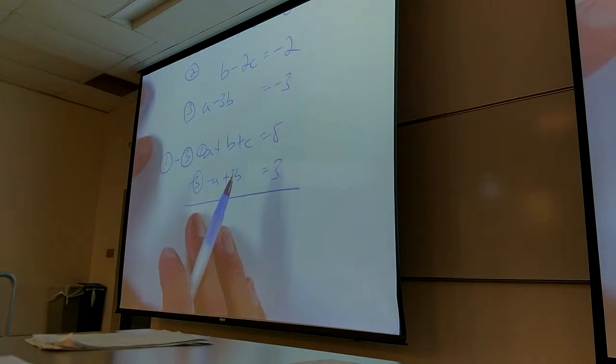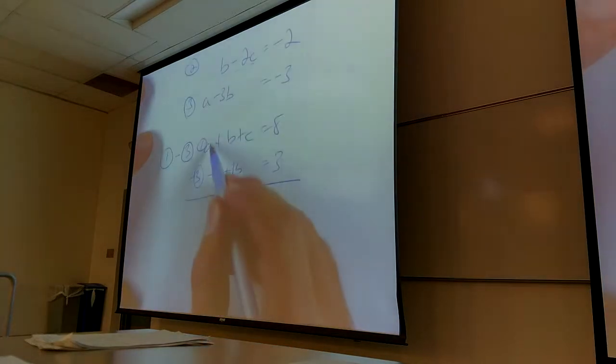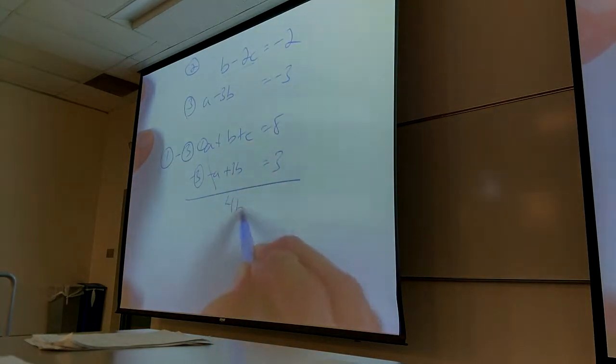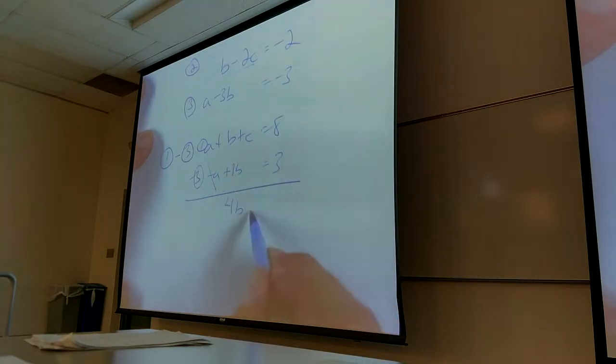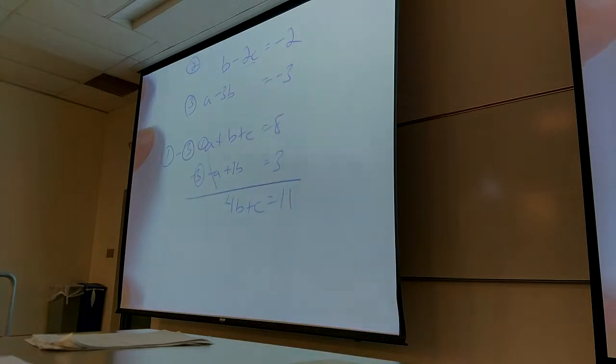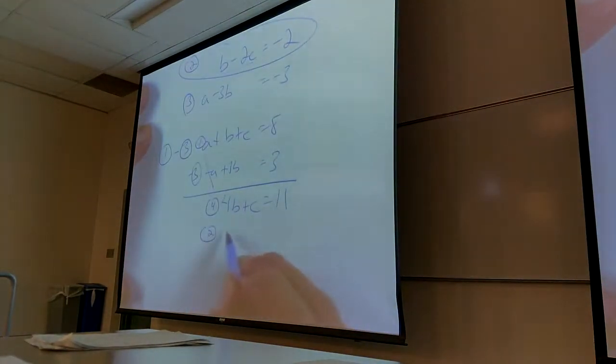And that's going to give me two equations with just B and C in it. So here they die. I get 4B plus C was 11. So that's my fourth equation. And now I can use my second equation.